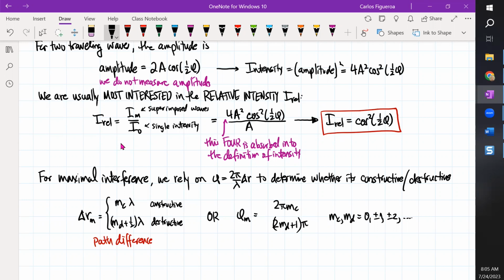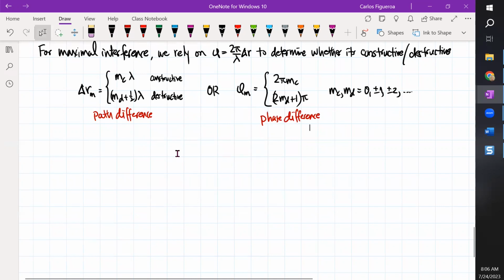And this would be our phase difference. Oh, wait.